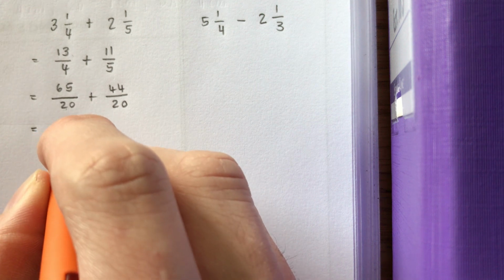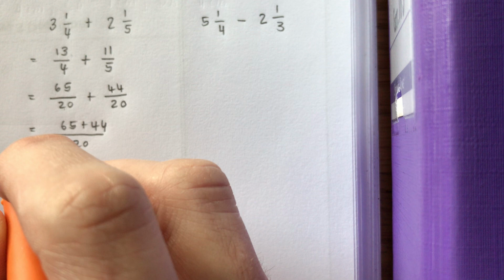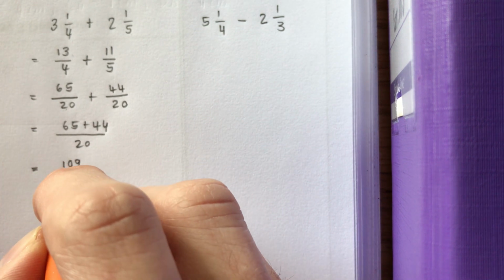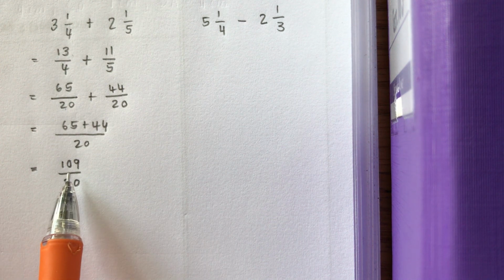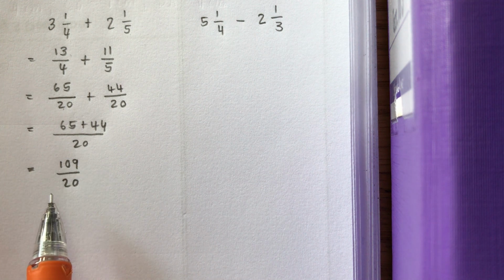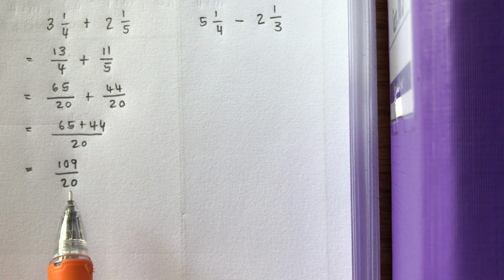So it will be 65 plus 44, and that will give us 109. So it will become 109 over 20. Then you always need to ask yourself, is this the simplest form? And it is. Okay, so you will leave it like that. I don't want you to convert it back to a mixed number, so just leave it as an improper fraction.